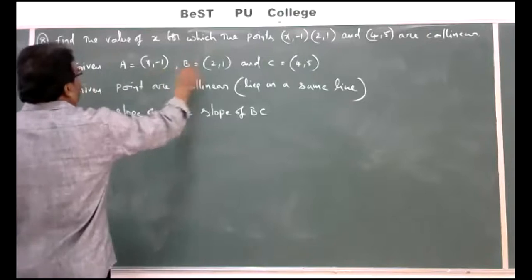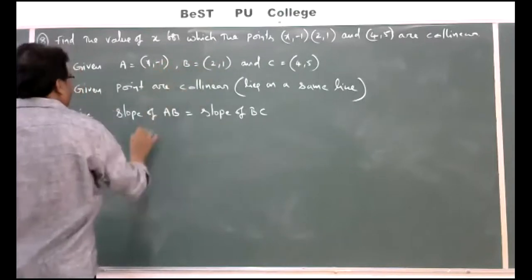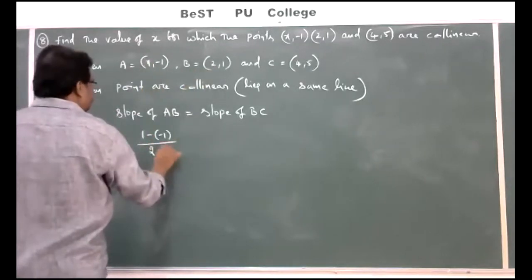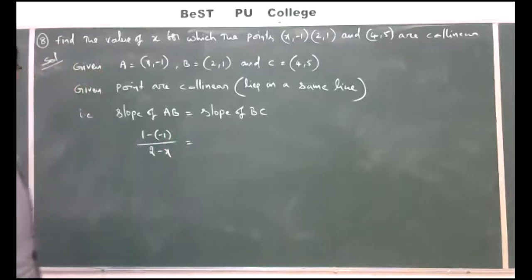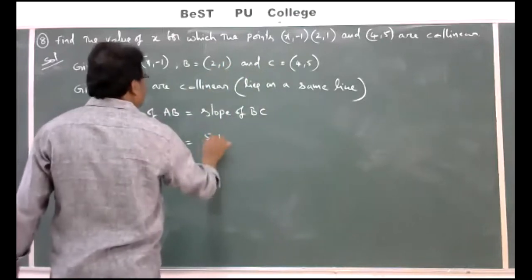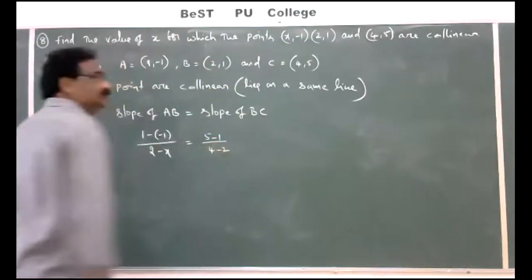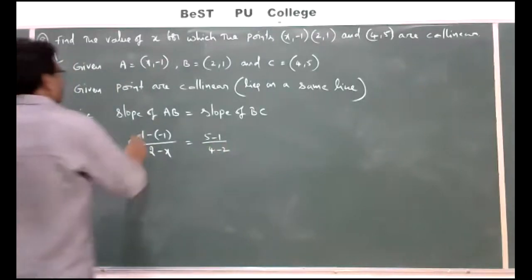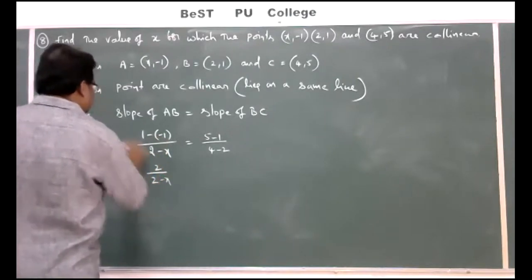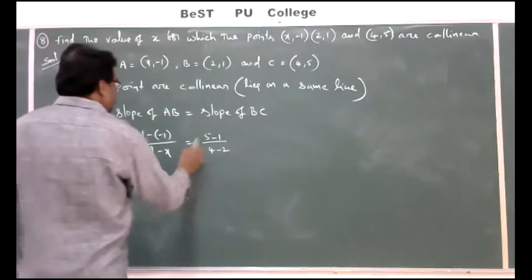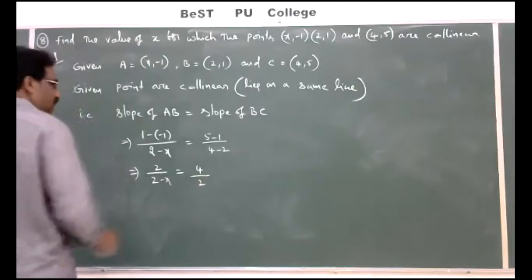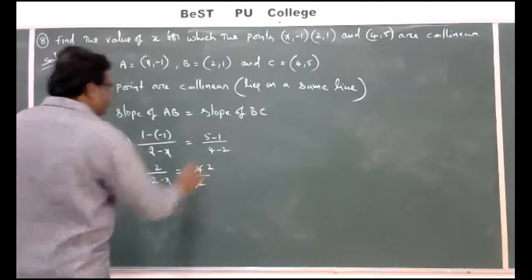Here apply the slope formula for AB: y2 minus y1, that is 1 minus of minus 1, by x2 minus x1, that is 2 minus x. Apply the formula for BC: y2 minus y1, that is 5 minus 1 by 4 minus 2. 1 minus of minus is plus, 1 plus 1 is 2, by 2 minus x, is equal to 5 minus 1, 4, by 4 minus 2, 2. 2 in 4, 2 times.